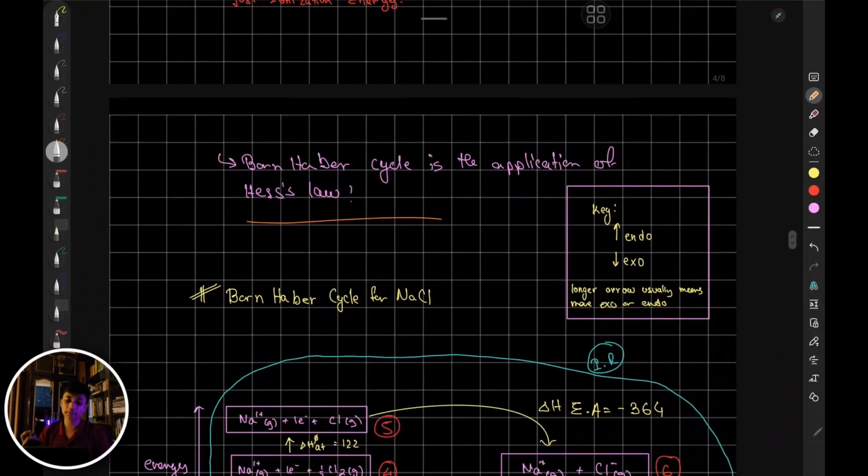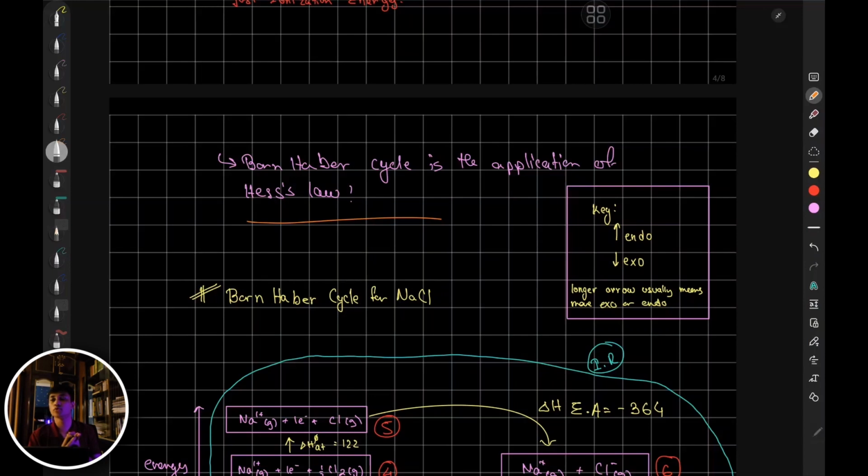Right, so the Born-Haber cycle, as I've already mentioned, is an elongated version of a Hess cycle, where for the Born-Haber cycle you're going to take into consideration the direction of arrows.